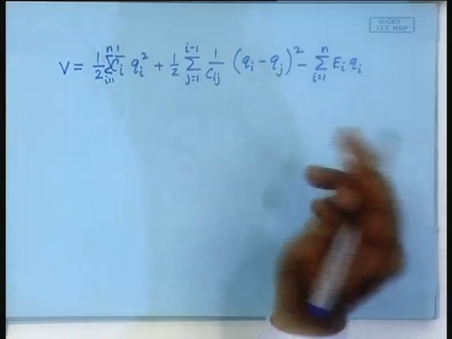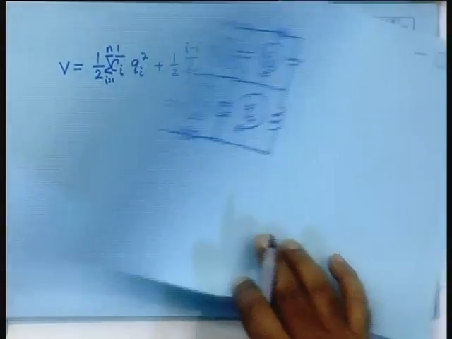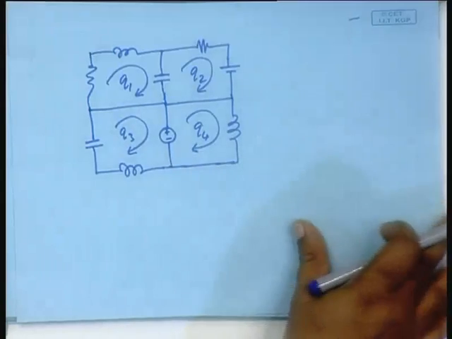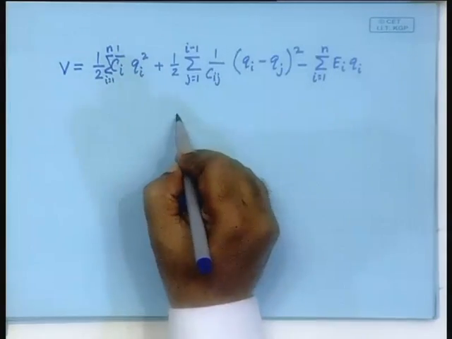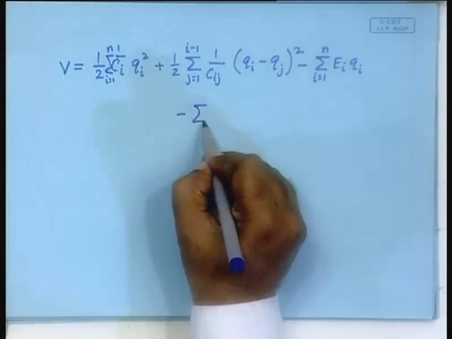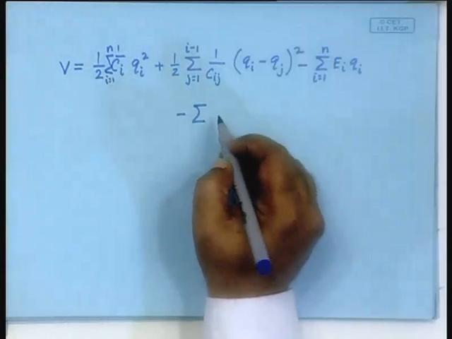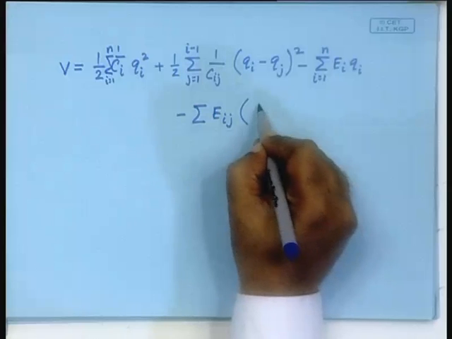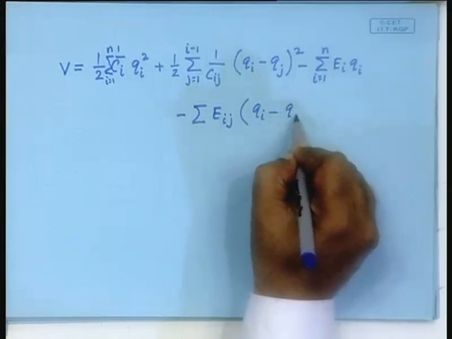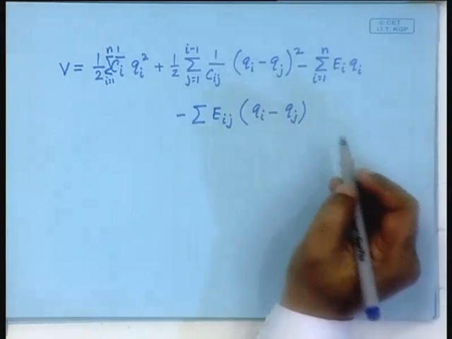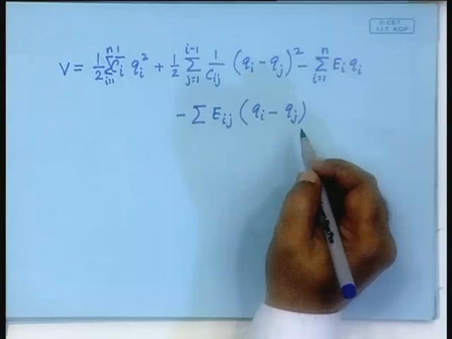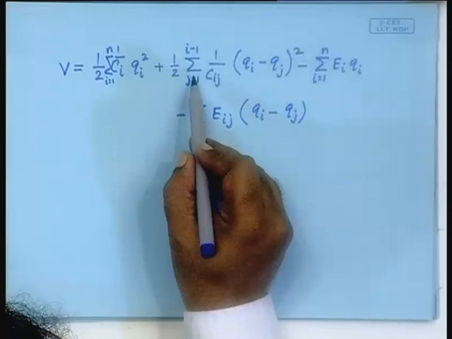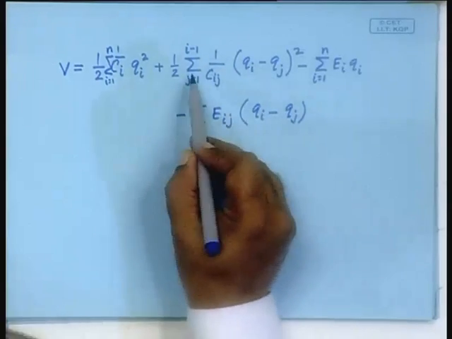There will be one more term where the voltage source is placed in between two branches. So, that will have to be written as minus again a sum over something, I will write that later, it will be E_ij (q_i minus q_j). Wait, did I write it correctly? It has also to be summed over i, yes.